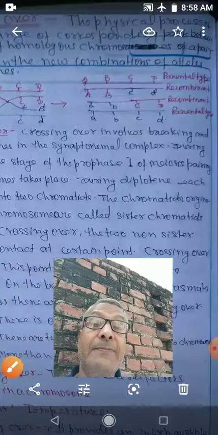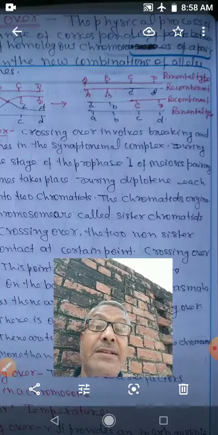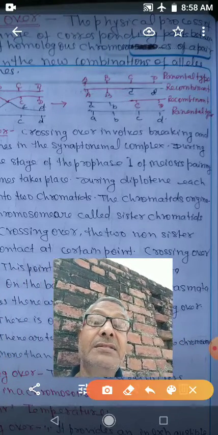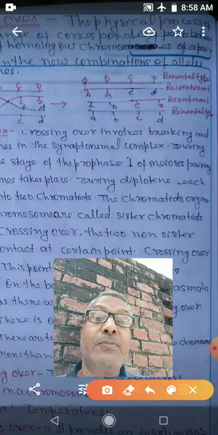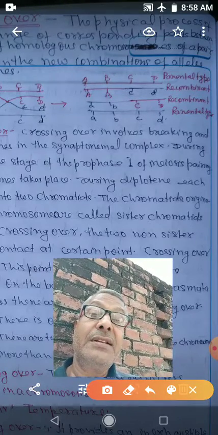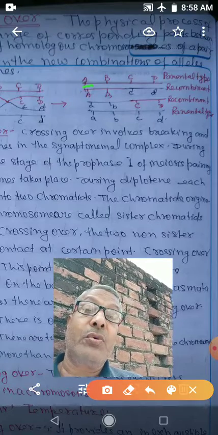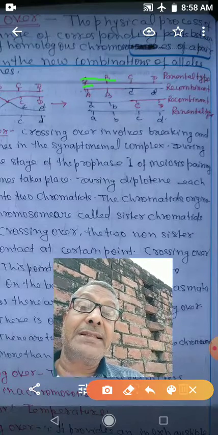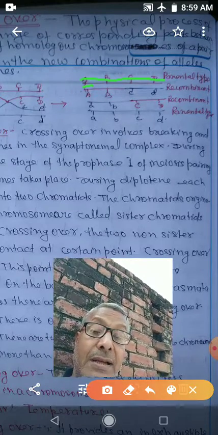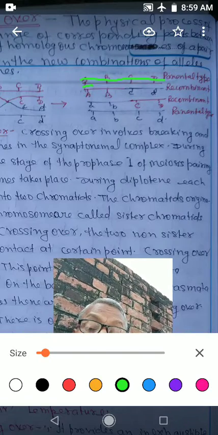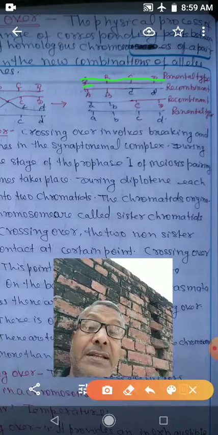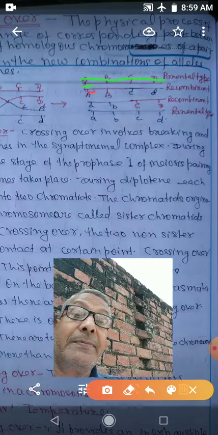After the exchange, in the homologous pair of chromosomes, you see one is the parental type: in one chromatid the genes are present in the parental type, but in other chromatids genes are present in non-parental type.